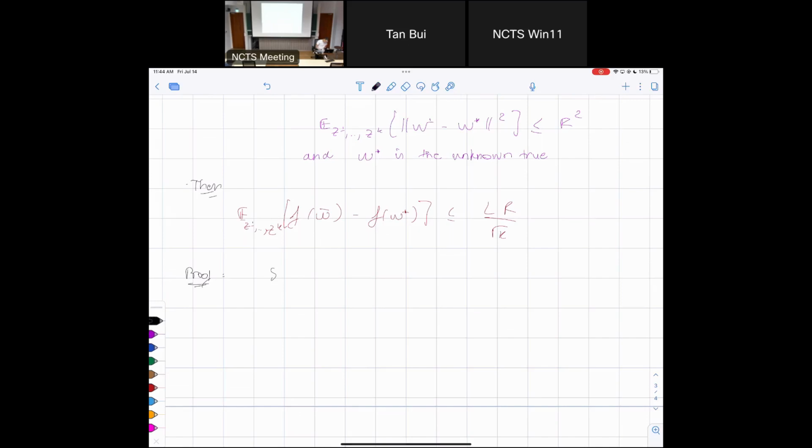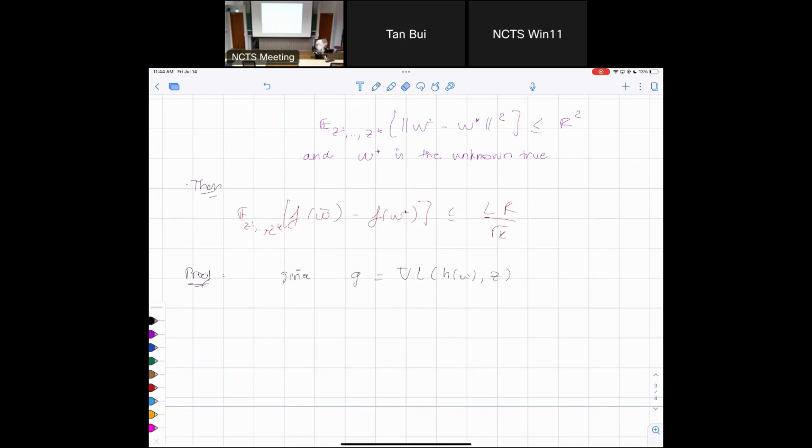since G_S is equal to the gradient of L of h_W, Z, right?